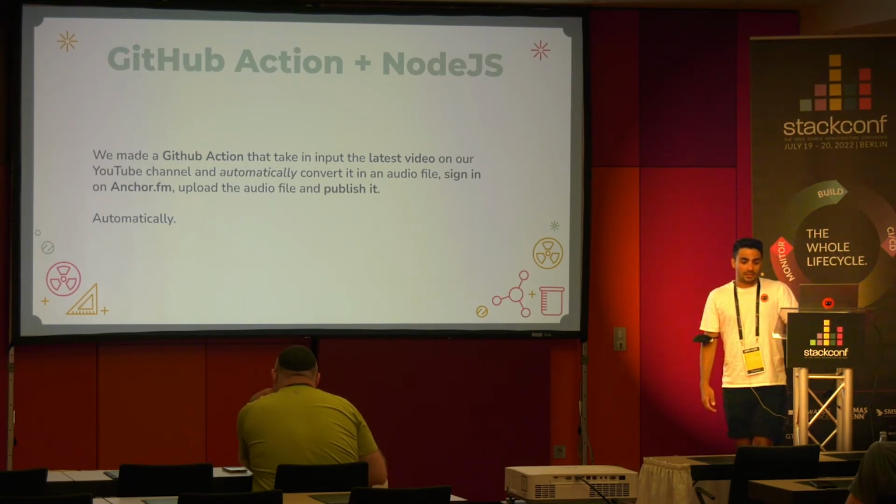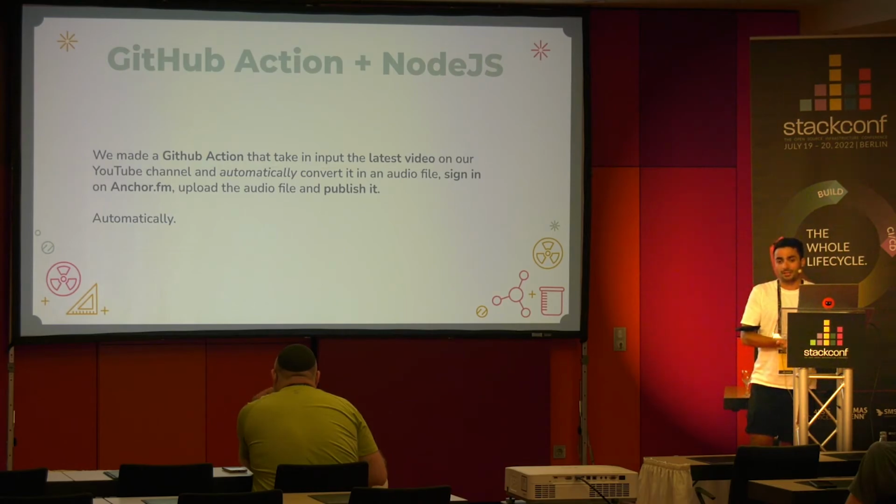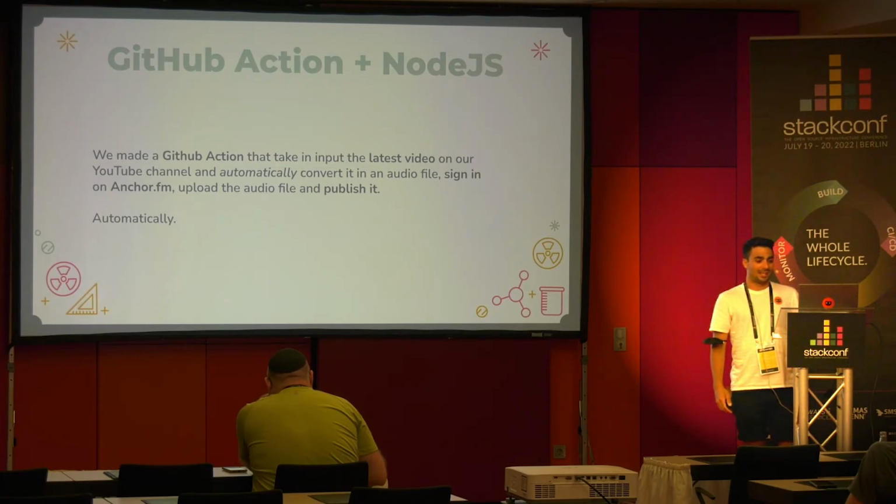And so we decided to build a pipeline over GitHub Actions to convert the audio file from YouTube into an MP3 file that was accepted by Anchor FM, and then sign in on Anchor FM, write down the description, upload the file, and just click on the publish button for any kind of platform.